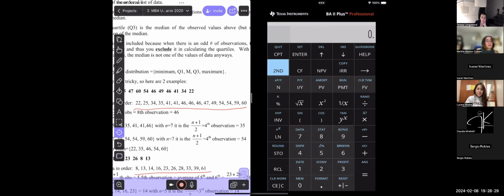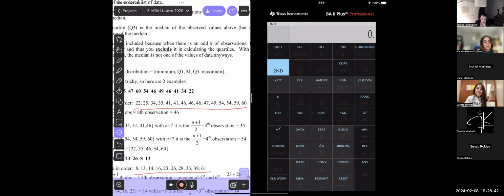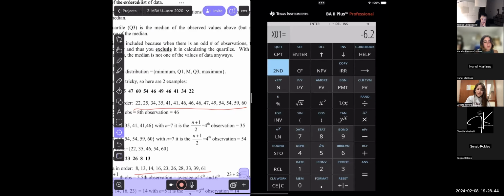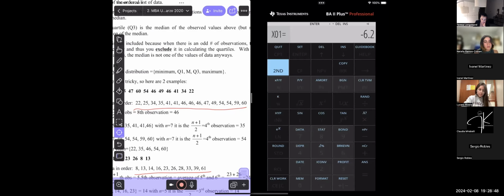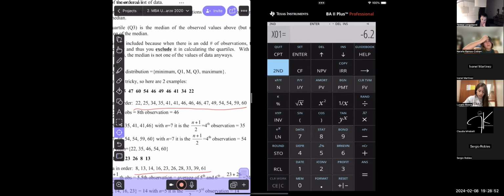How do I enter the data? I used the data sheet. I said second data and get the data sheet. There's something inside, so I need to clear it. Second data and then second clear work. It's clear. And I start to enter the values, 22, enter down, and it asks me for Y.